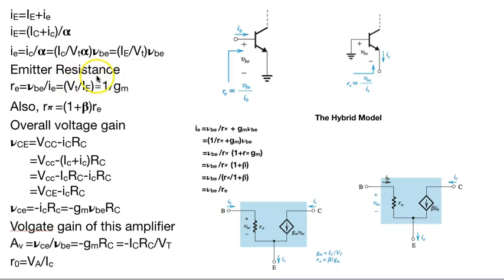The emitter resistance RE and R pi are both equal. Also, sometimes R pi is equal to 1 plus beta times RE, when you have a resistance attached to your emitter.